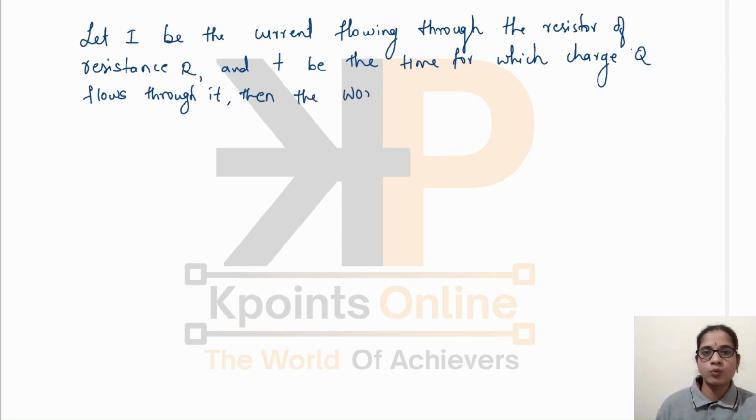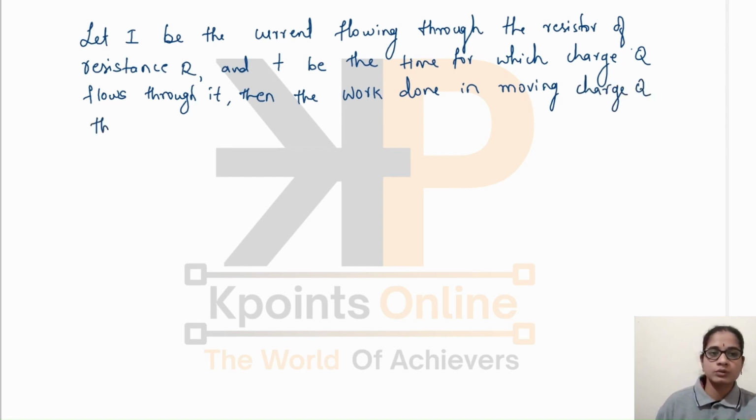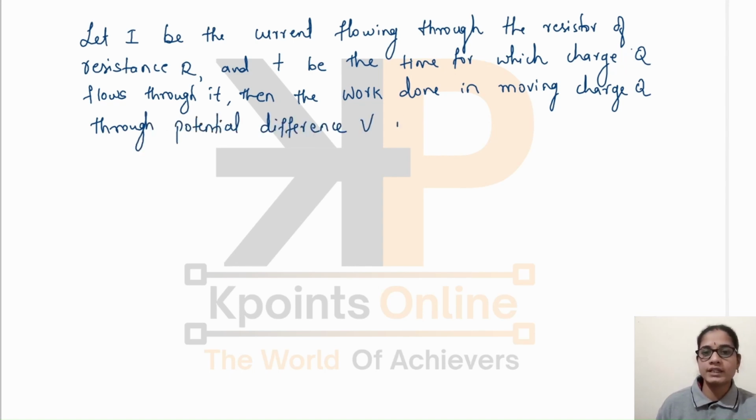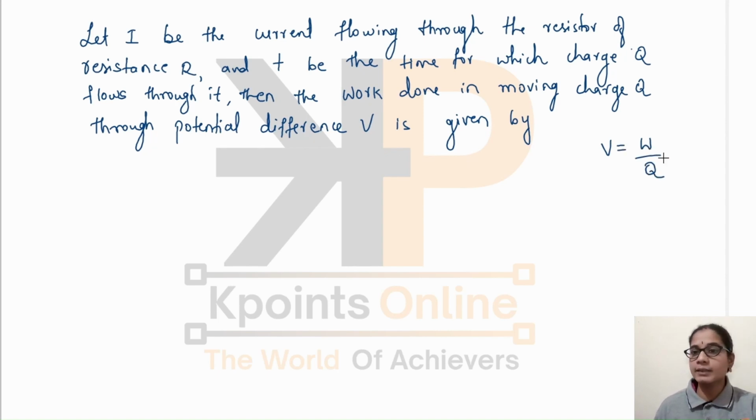Then the work done in moving charge Q through potential difference V is given by, we have learnt that V is equal to W by Q. This is the work done in moving this charge through the potential difference V. So W is equal to V into Q. This work done is equal to the energy.